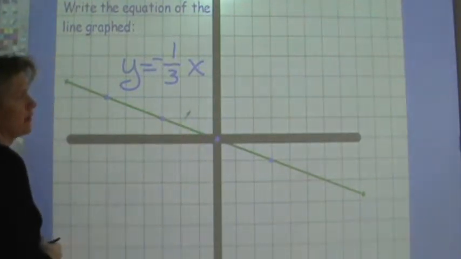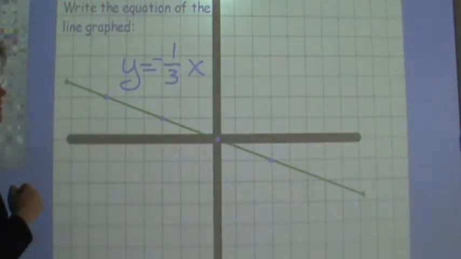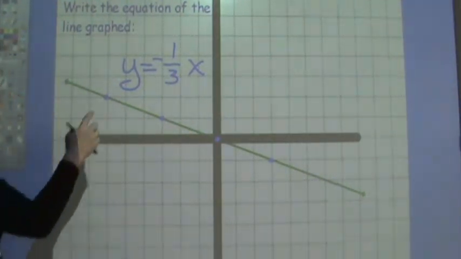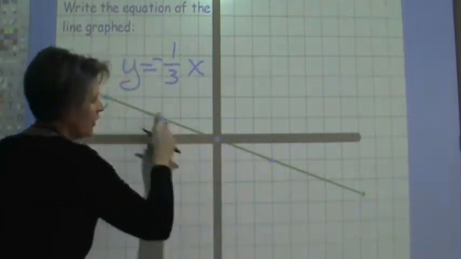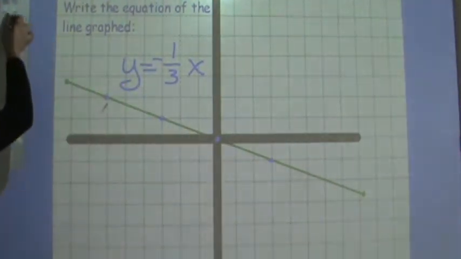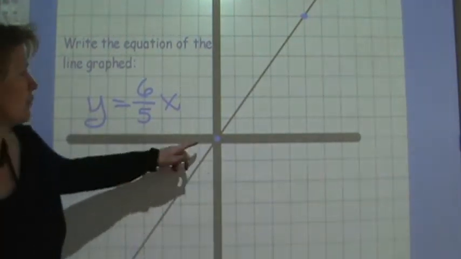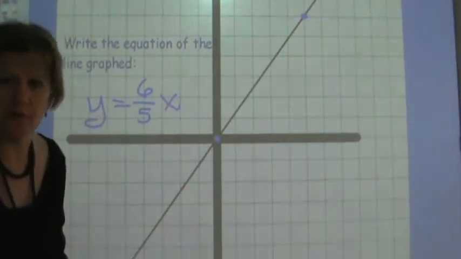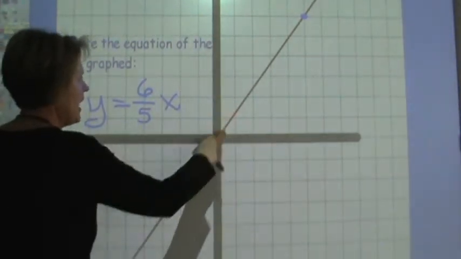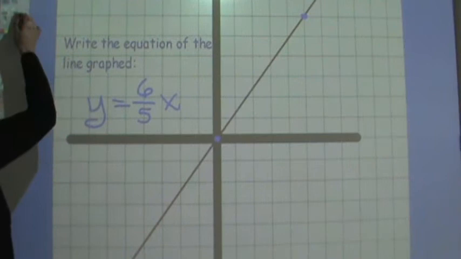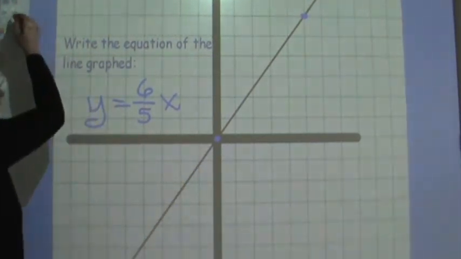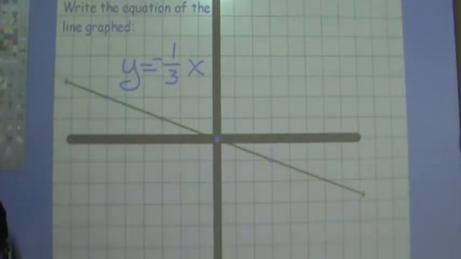Up 1, back 3, same thing. Basically, if it's negative, it should be going through these two quadrants. And if it's positive, it should be going through those two quadrants. That'll work for now. Eventually, we're going to move this away from the origin, but it'll work for today's section.